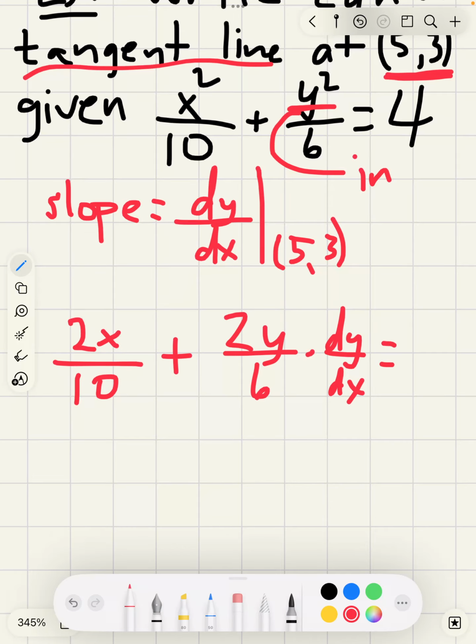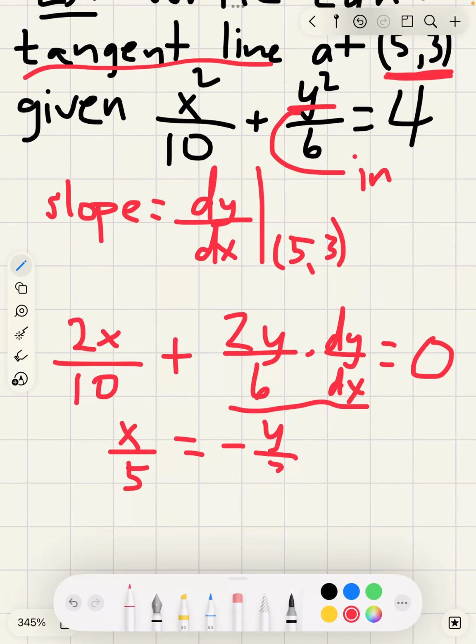And now we do a little bit more algebra. I'm also going to skip a step and just rewrite my fractions in their simplified form. So 2x over 10 will become x over 5. I'm going to subtract the second term from both sides. 2 over 6 can be rewritten as 1 over 3, so y over 3 times dy dx. Then I'm going to divide both sides by negative y over 3.